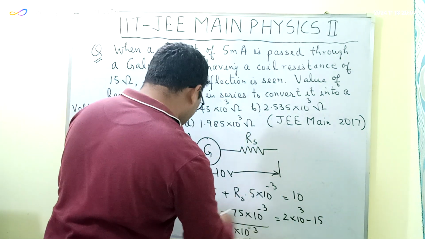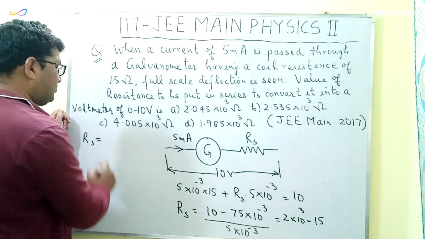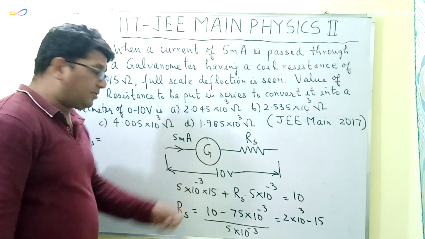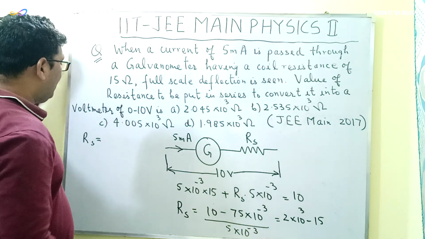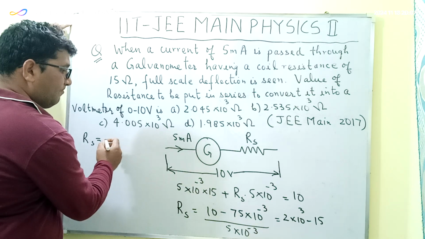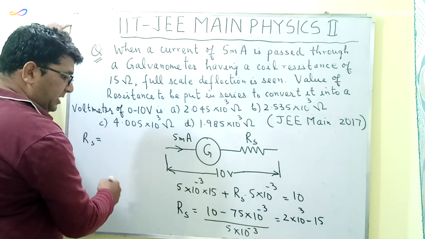Or we can simply say that the value of the resistor which is to be connected in series with this galvanometer in order to convert it into a voltmeter of range 0 to 10 volts will be equal to 2 into 10 to the power 3 minus 15.